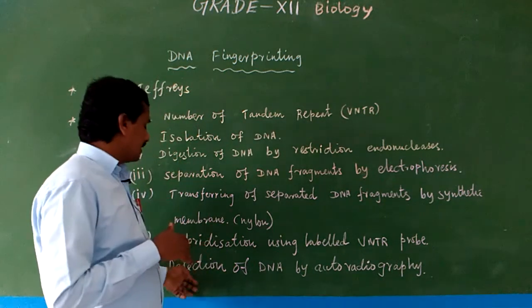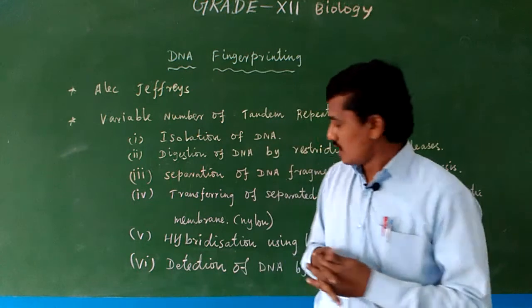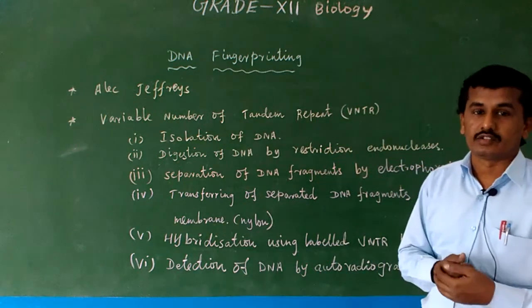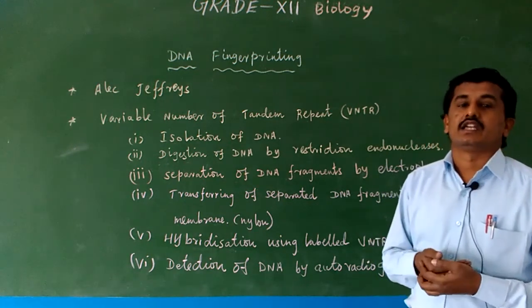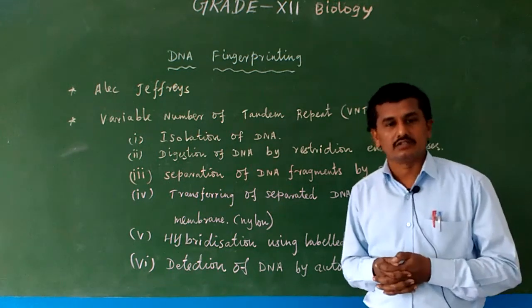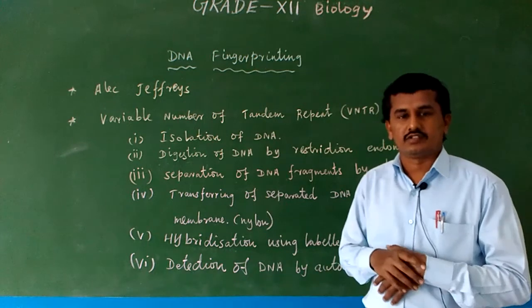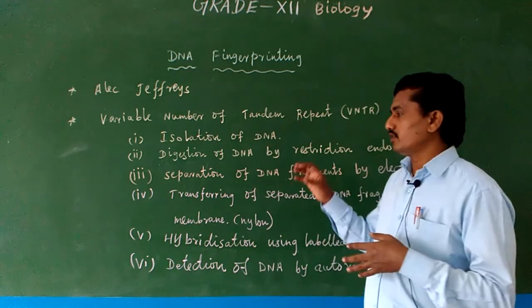Then detection of DNA by autoradiography: with the use of ultraviolet rays we can see the DNA fragments using orange color and other colors. All these techniques will come again in the biotechnology lesson, and I will explain them elaborately there. This is a simple process.